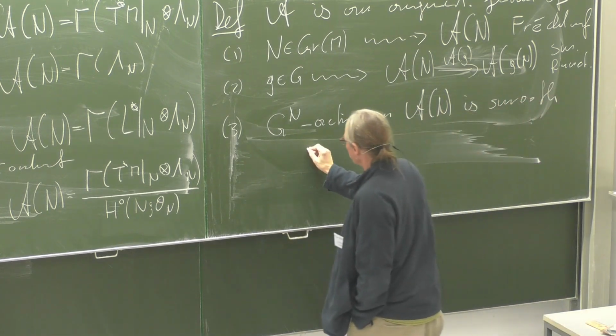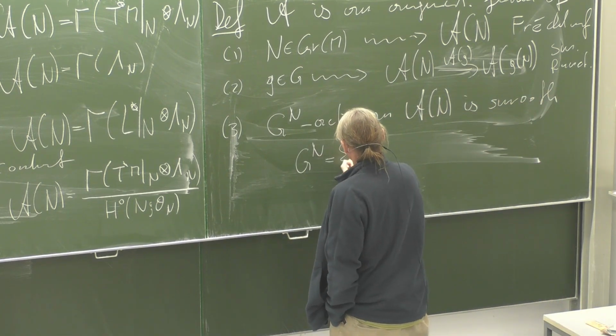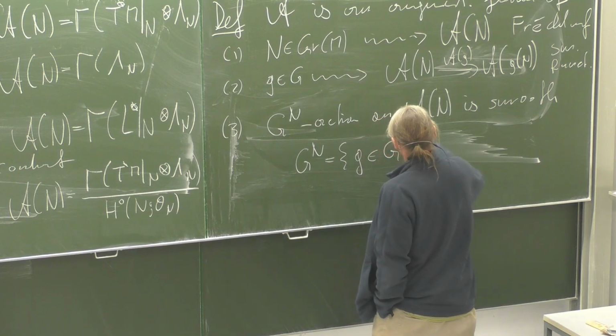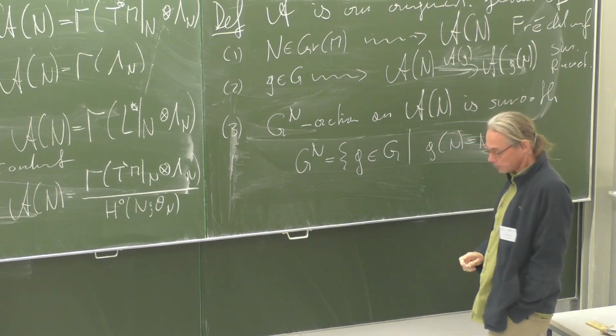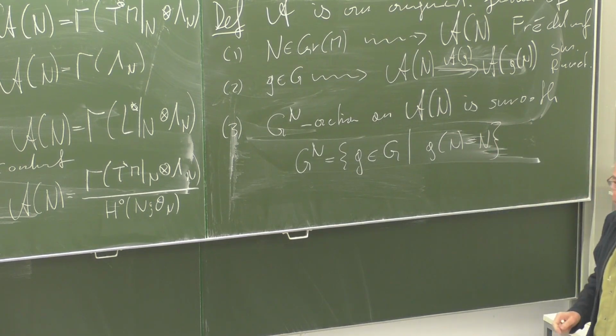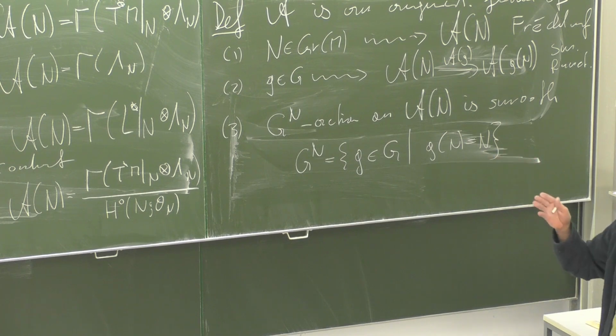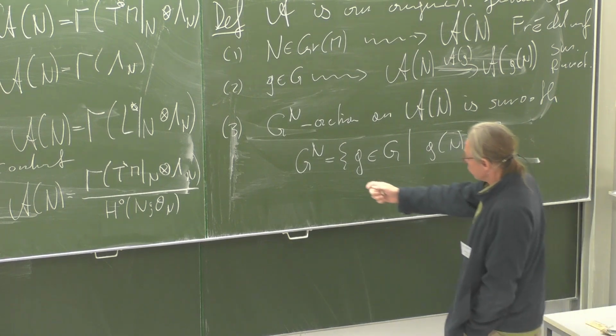So G_N is the isotropy group, so all g in G such that g of N equals N. We do not assume that this is a Lie group. This is a strong condition, and in many examples, I'm not even sure if this is the case or not. We try to circumvent this condition, that this is a Lie group.